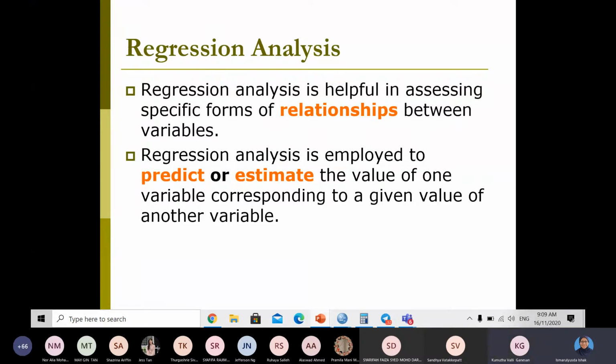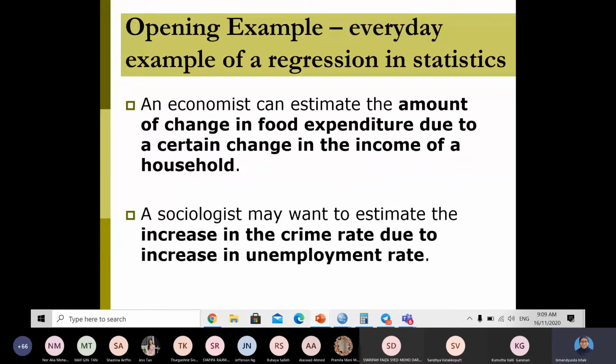This is the special thing about regression. Not only can you look at the specific form of relationship, but you also can predict and estimate one variable. So these are everyday examples in regression.